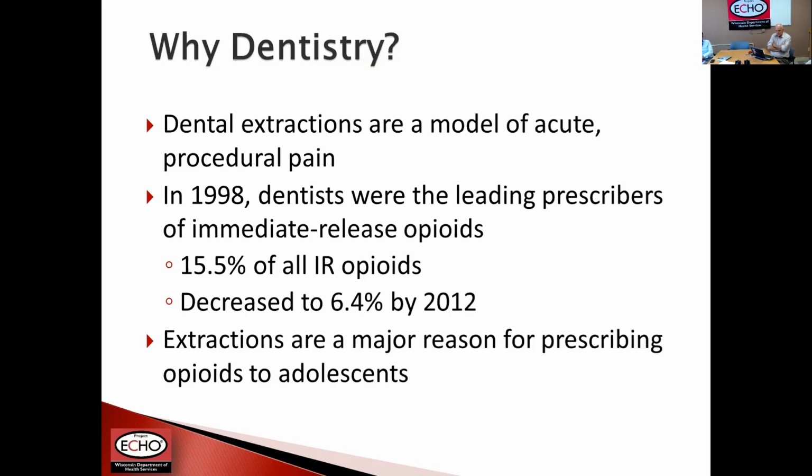Understand that this is the number of tablets being prescribed. They are still one of the predominant prescribers of immediate release opioids, and understandably so. But we'll get back to some other options for that as well.